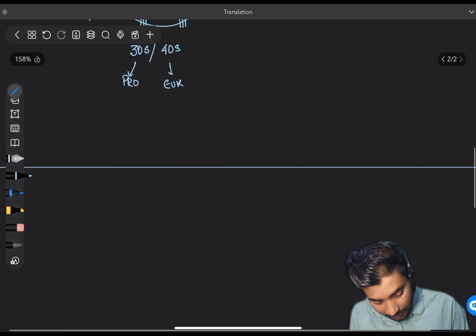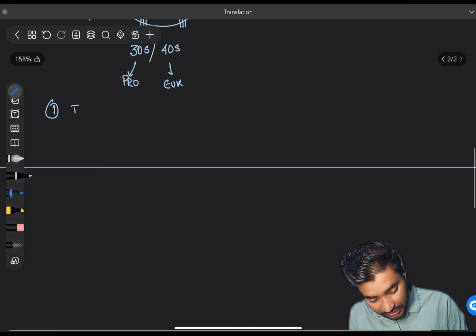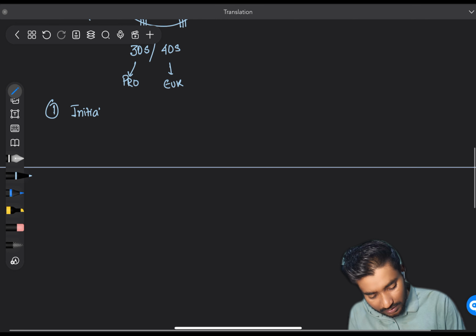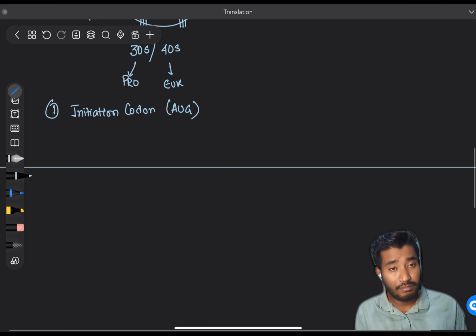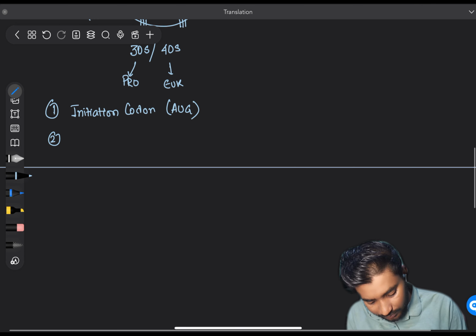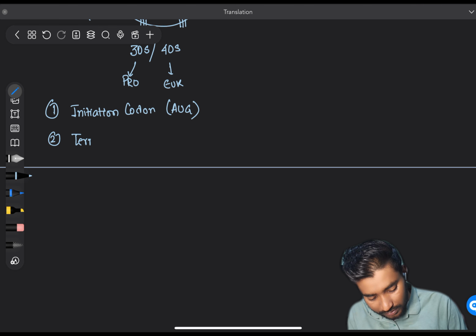Now, one is the initiation codon, that is AUG. It also codes for methionine. And the other is the termination codon.